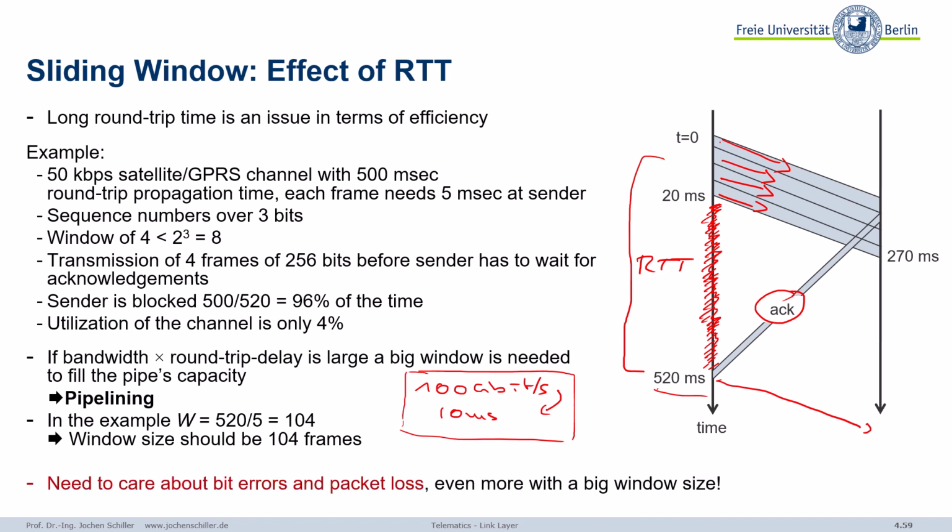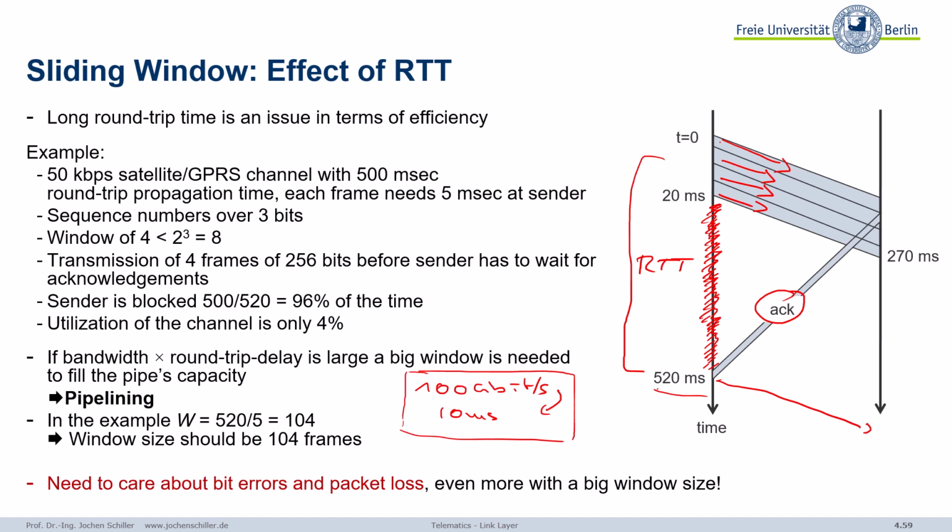But what is the problem? What happens about flooding the receiver? Or what happens in case of bit errors, packet loss? If you have a big window size, that means you can send a lot of data without any acknowledgement. That might be a problem. You can send a lot of data before the receiver can even react and tell you, oh, maybe the window size is too big. We'll come back to this issue when talking about TCP and higher layers.